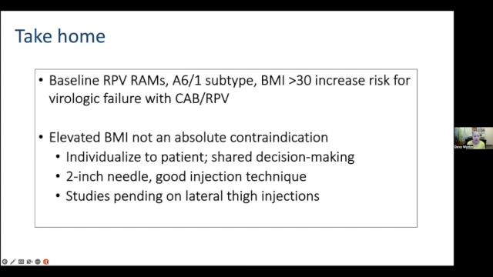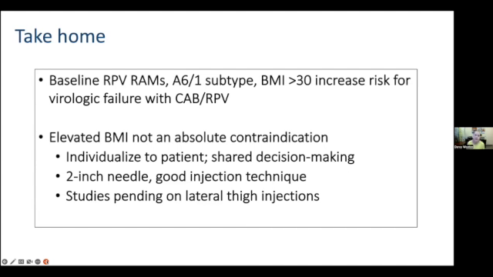But if they have an elevated BMI and really want to be on this regimen, try to individualize it to the patient and use shared decision making. If their BMI is greater than 30, they really should be using the longer 2-inch needle to inject, and using good injection technique to do everything you can to optimize the trough levels.